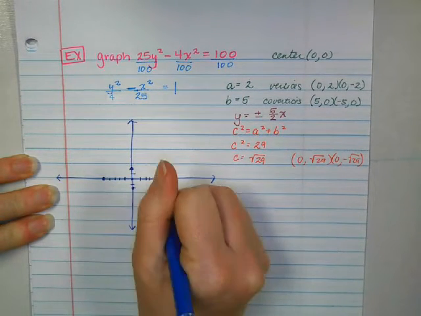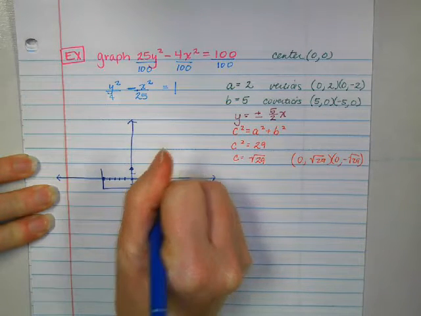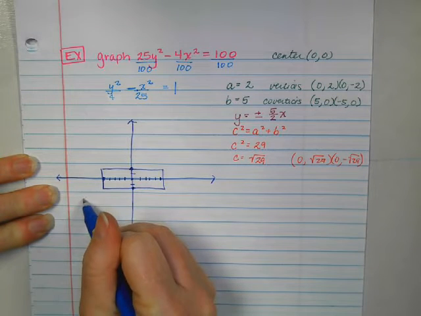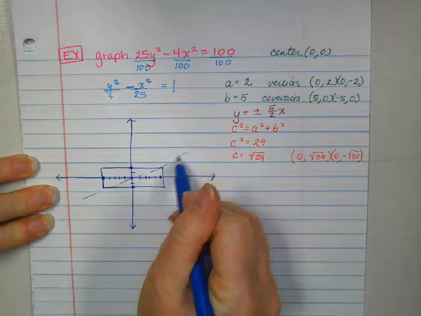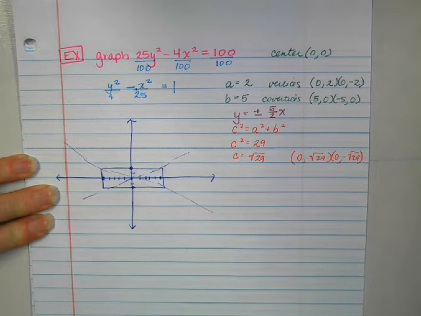So I have a box. Oh, I should have graphed it. It's terrible. All right.